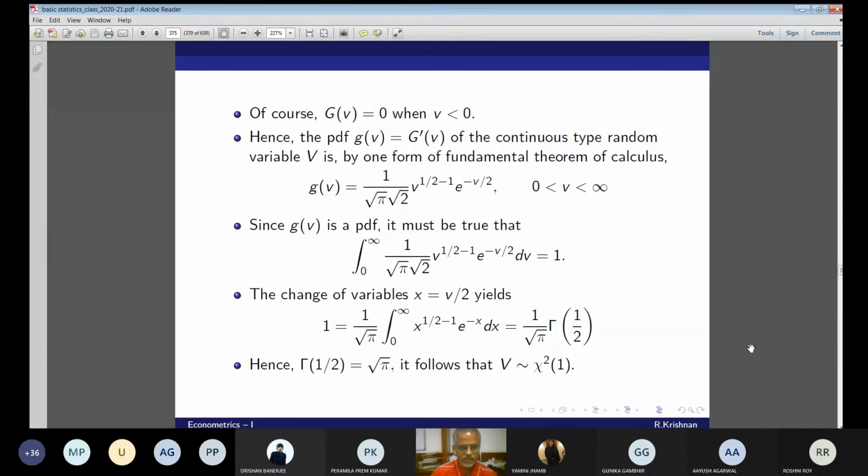Hence the PDF of G(v), that is g prime v, of the continuous type random variable is given by one form of the fundamental theorem of calculus. Since g is a PDF, it must be true that this is equal to 1. The change of variables x equal to v by 2 again gives 1 by root pi times gamma half, and gamma half is equal to root pi. So it follows that v is after all a chi-square 1 distribution.